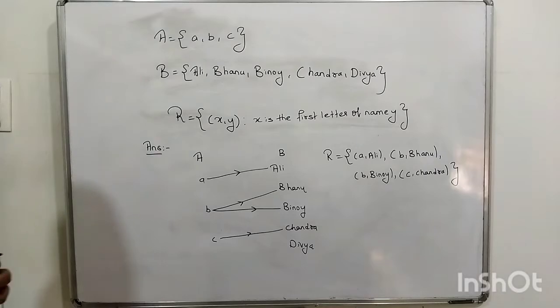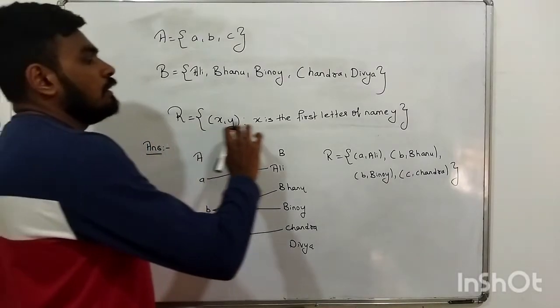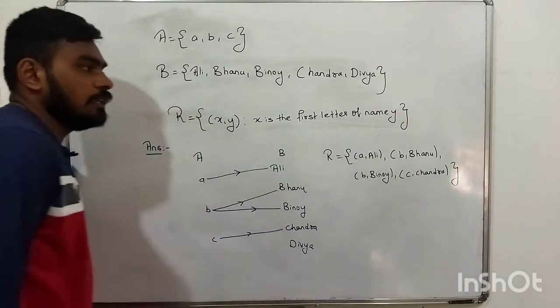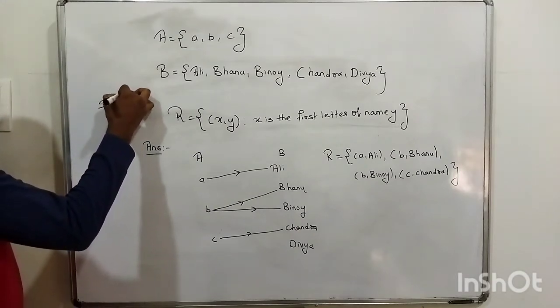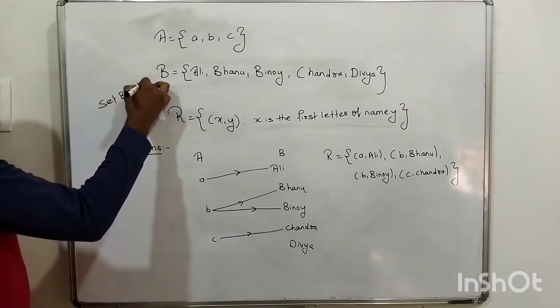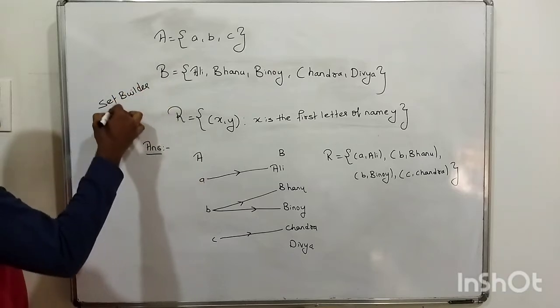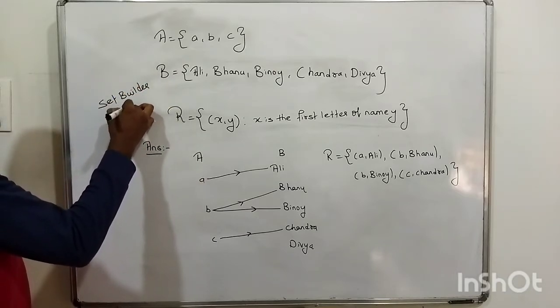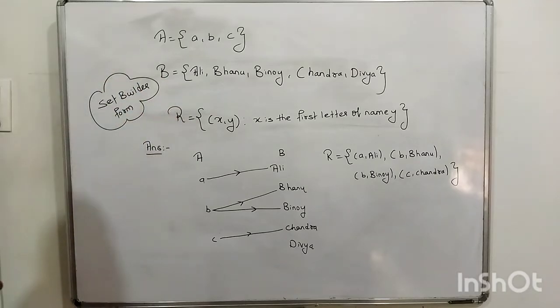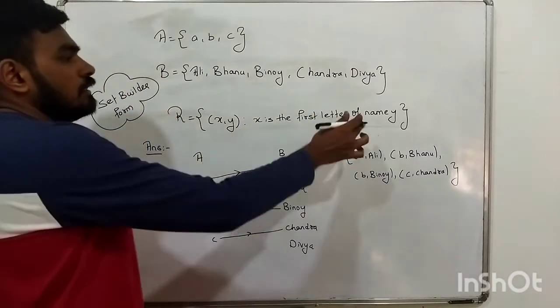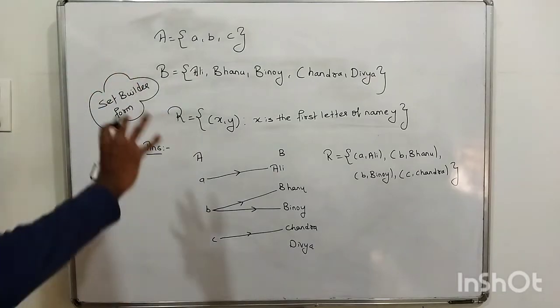Now this way of writing a relation is called the set builder form, as we all know, even for writing a set. So R is equal to x comma y such that x is the first letter of name y. This is the set builder form.